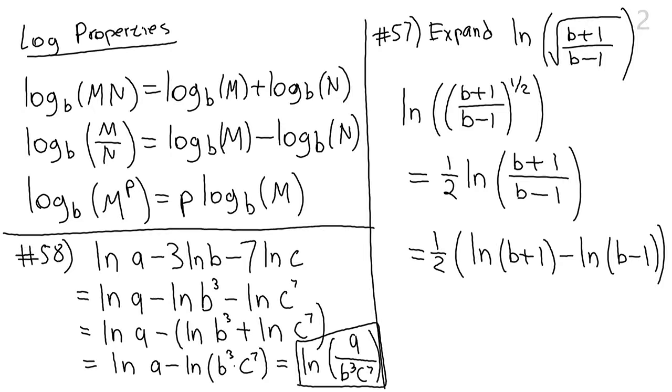As a rule of thumb, everything that has negative signs is going to end up in the denominator. Everything that has a positive sign is going to end up in the numerator.